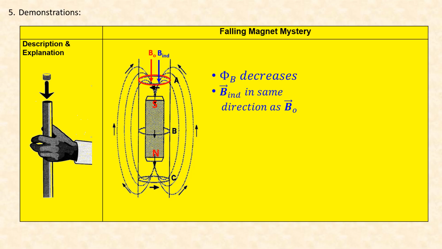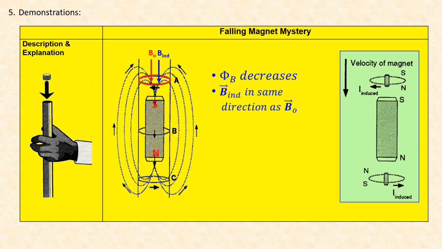Now, to better understand this, let's treat that induced magnetic field as if it were a tiny magnet. Notice the induced magnetic field and the original magnetic field are in the same direction. That means that if we think of that induced magnetic field as being caused by a tiny little magnet in that region, it should be oriented in exactly the same way as the original magnetic field.